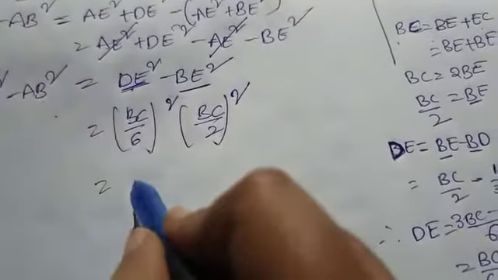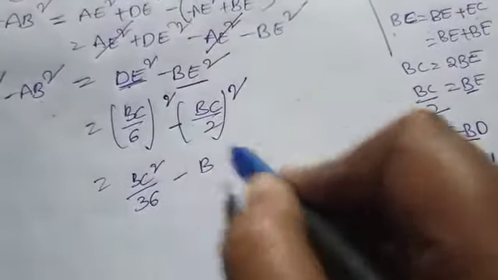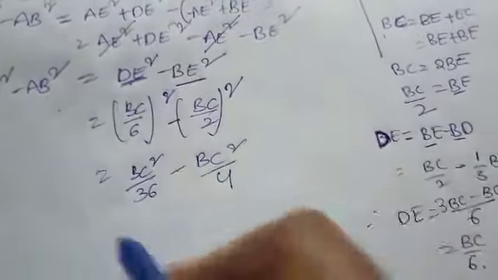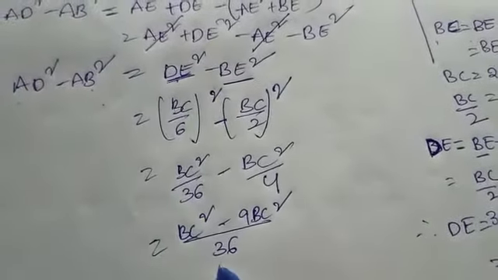Simplify this equation. BC square by 36 minus BC square by 4. Take LCM, LCM is 36.